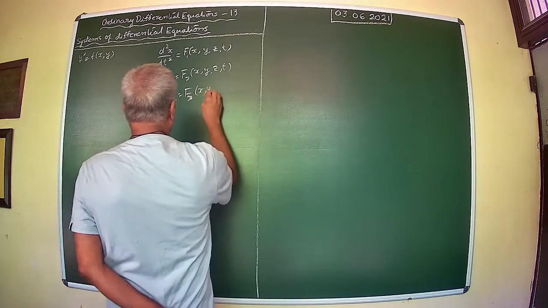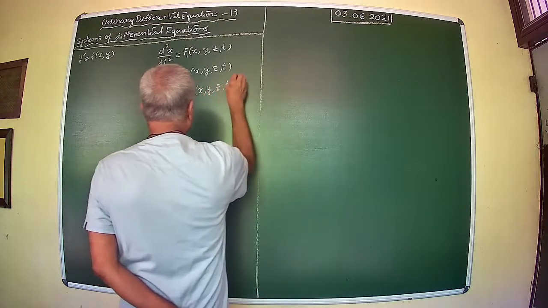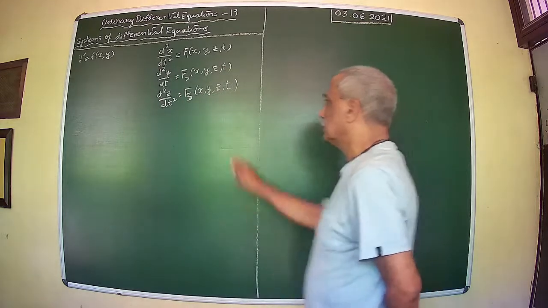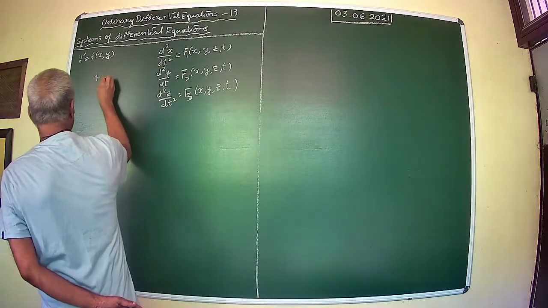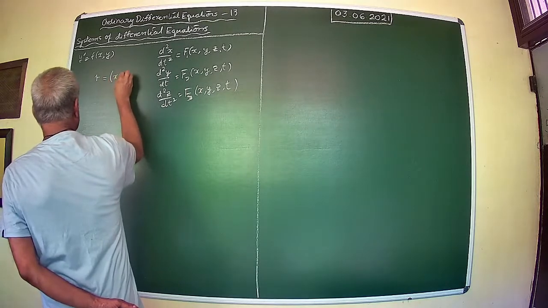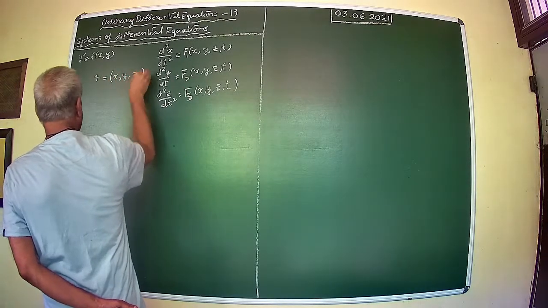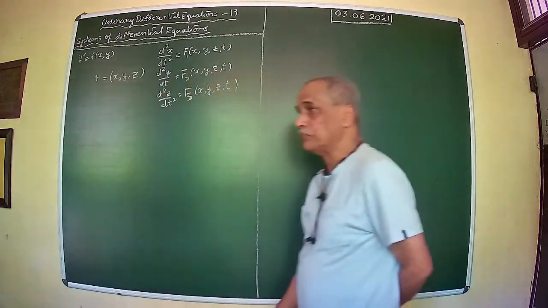So the three unknowns constitute the position vector. So r is given by x, y, z, that is xi plus yj plus zk if you were to use the conventional notation.